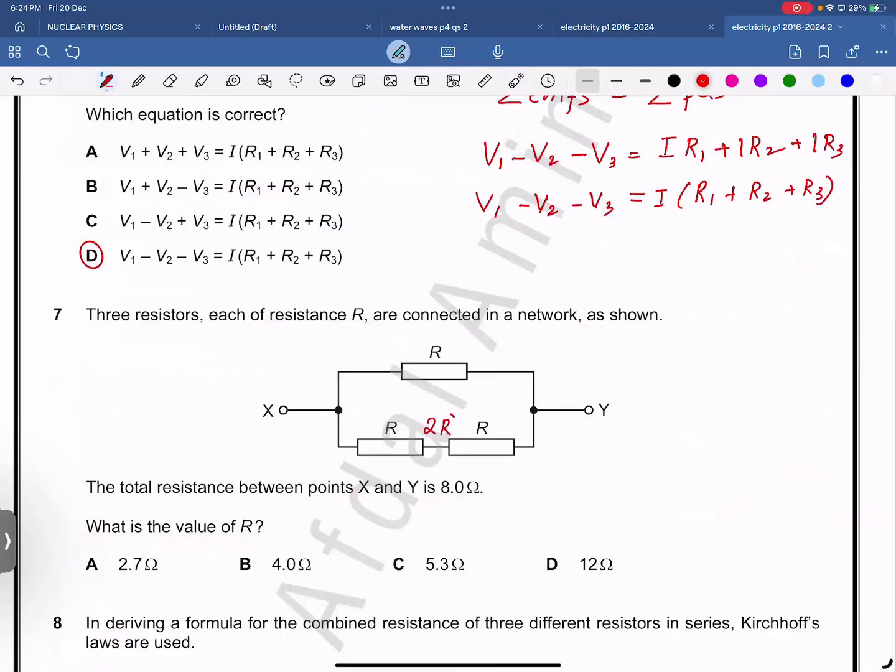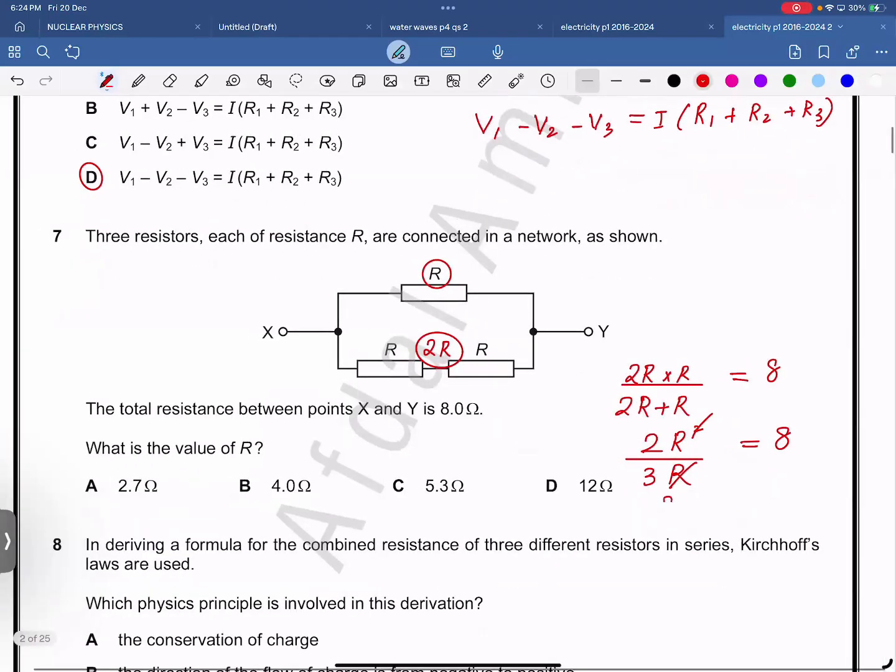Series is 2R. 2R is parallel with R. You can do product over sum, which equals 8. Up is 2R square, down is 3R, equals 8. R simplified, so 2 by 3 R is 8. Cross multiply. R will be 8 multiplied by 3 over 2, which is 12.